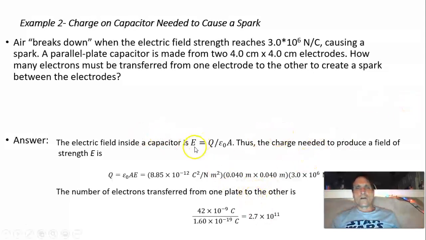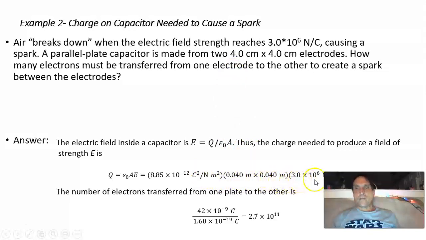We solve the parallel plate capacitor equation for the amount of charge that is needed. Epsilon naught is the constant, 8.85 times 10 to the negative 12 coulomb squared per newton per meter squared. Then we take 4 centimeters and convert it to meters, which gives our area.